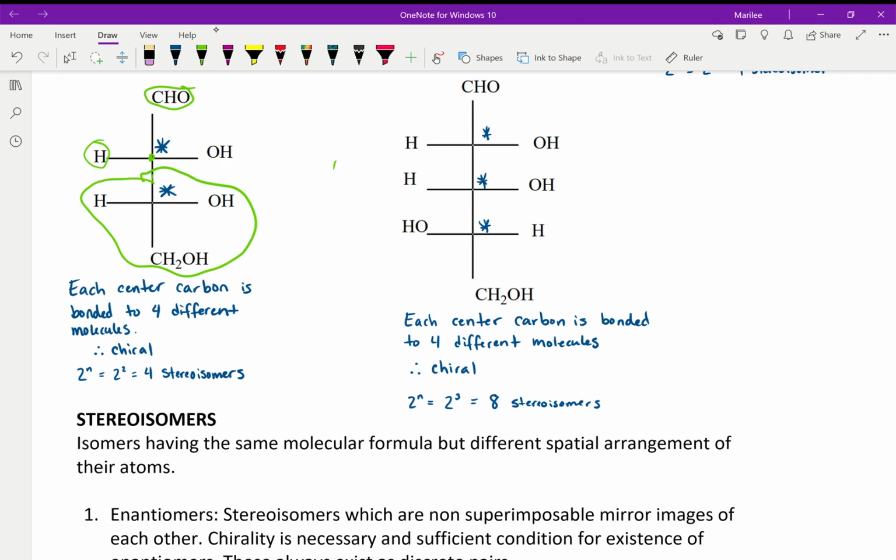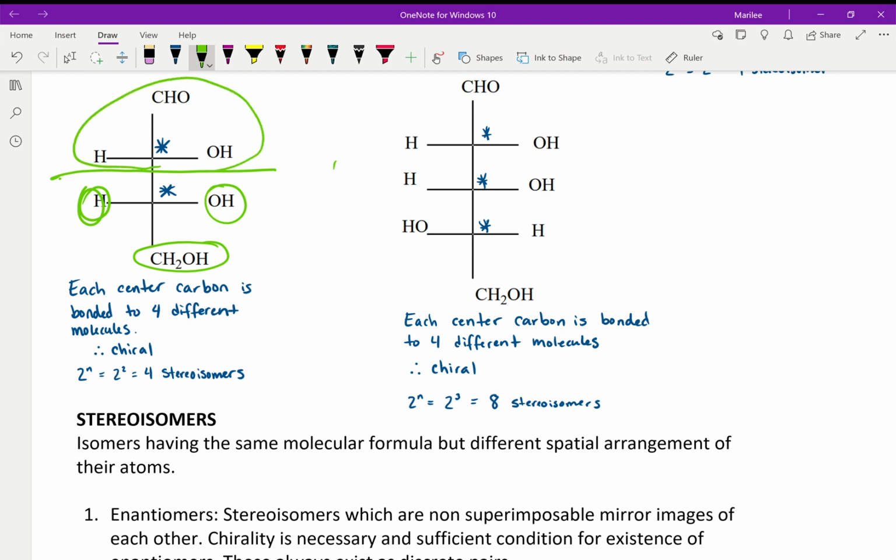So let me erase this. Now, split in half. So now for the bottom carbon, I have bonded here to a hydrogen on the left side. My pen won't write. Okay, we have an OH, we have CH2OH, and then we have on top this whole big group.